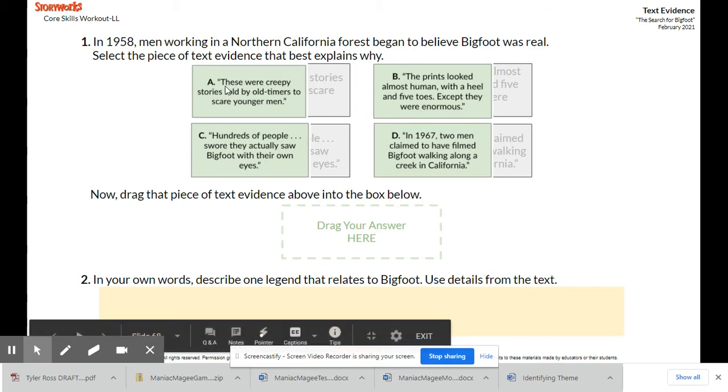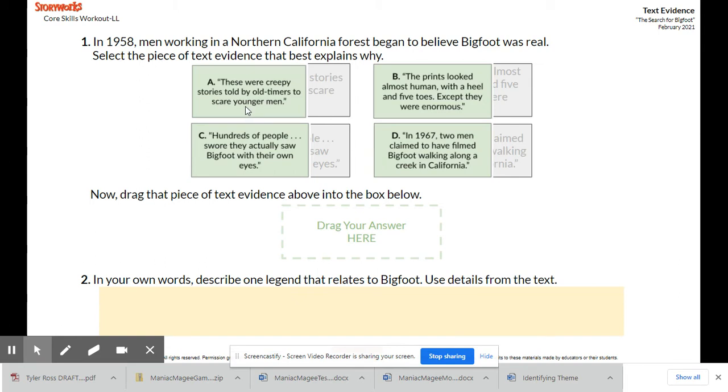So we have A. These were creepy stories told by old timers to scare younger men. Does this prove men working in Northern California forests began to believe Bigfoot was real? How about B? The prints looked almost human with a heel and 5 toes, except they were enormous.